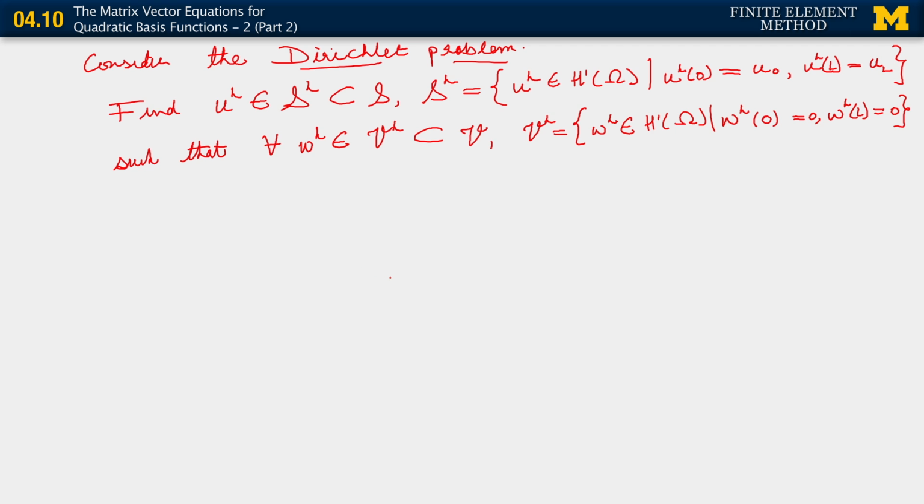Okay? All right, find u^h belonging to S^h such that for w^h of this form, where you note that S^h and V^h are different looking spaces because they have Dirichlet boundary conditions at both ends.